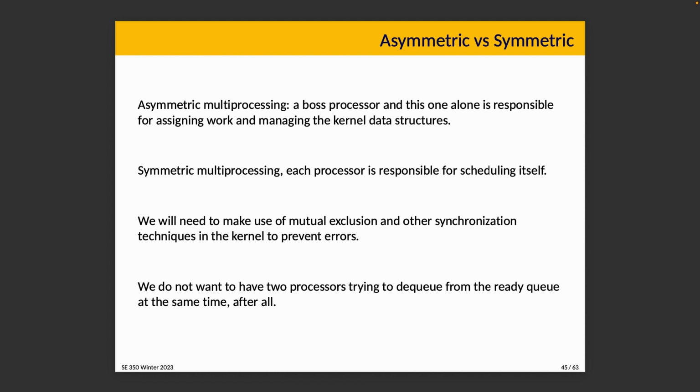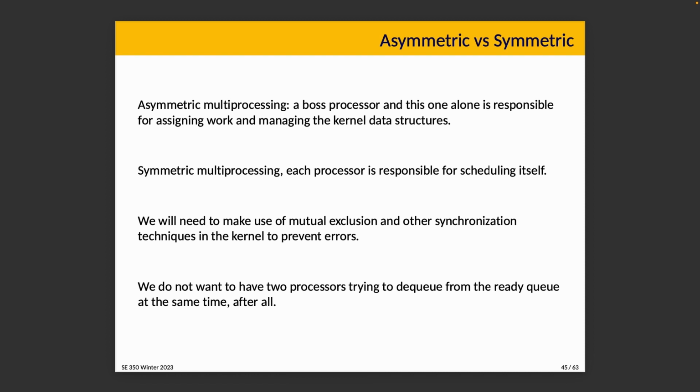We don't want to have two processors trying to dequeue something from the ready queue at the same time. Only one of them should take the task out of the ready queue and run it. But overall, it is a manageable amount of complexity. We've learned enough of the tools that we need to actually make it work. It's, as I say, not magic. Work does have to take place to make it happen, but we are going to do it.